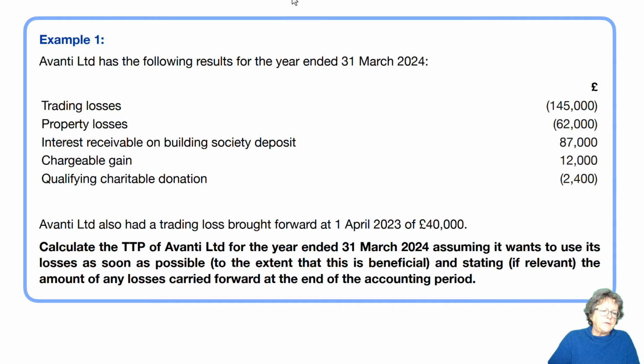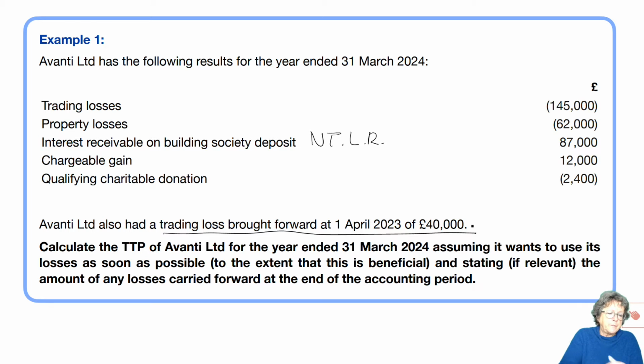So Avanti has the following results for the 31st of March 2024. We made trade losses. We also made some capital losses. We have interest receivable, which will go under the non-trade loan relationship rules, a gain and a QCD. And we have trade losses brought forward of 40,000.